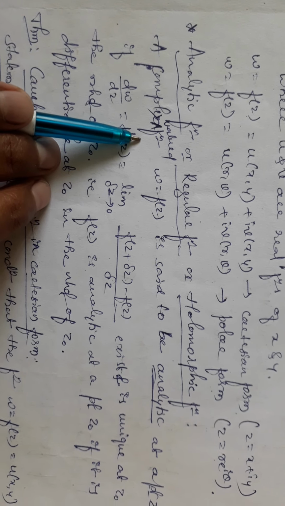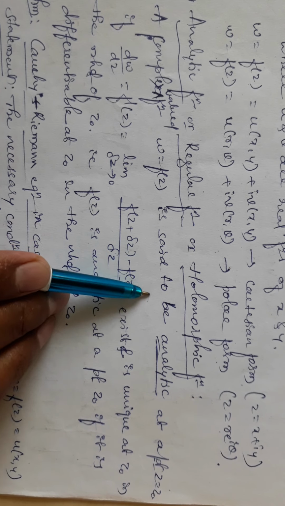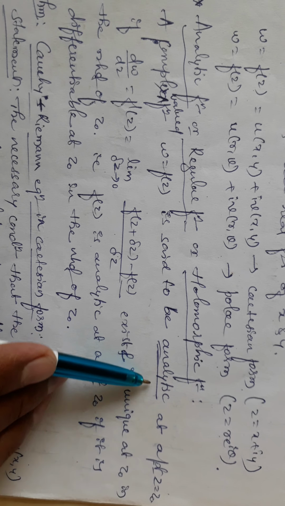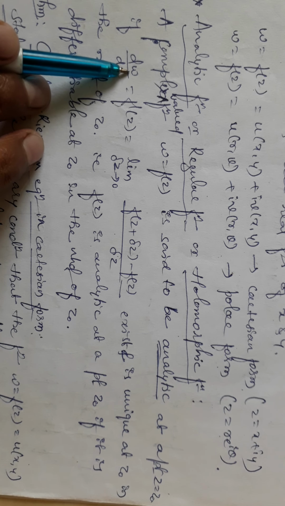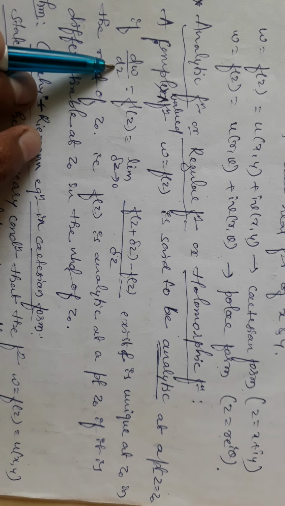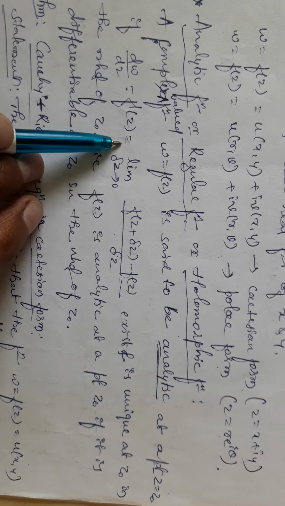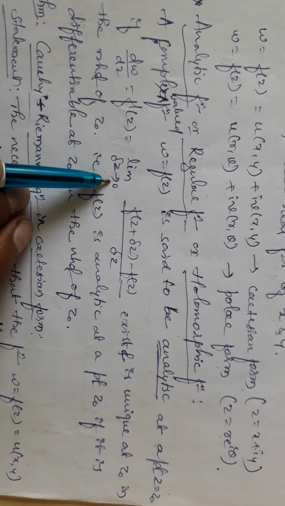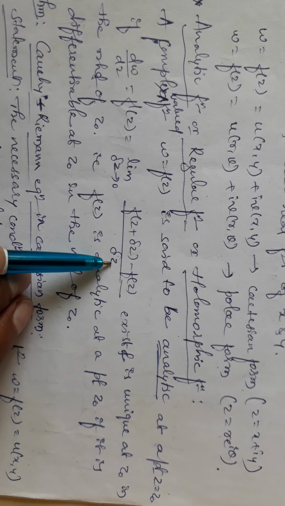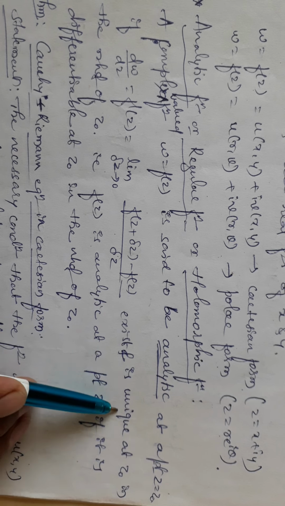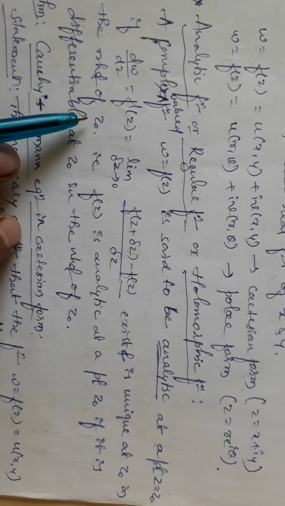A complex valued function w equal to f of z is said to be analytic at a point z equal to z naught if dw with respect to dz, which is equal to f dash of z, which is equal to limit delta z tending to 0, f of z plus delta z minus f of z divided by delta z, exists and is unique at z naught and in the neighborhood of z naught.